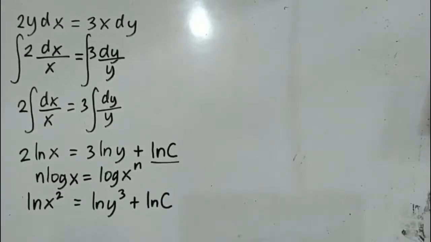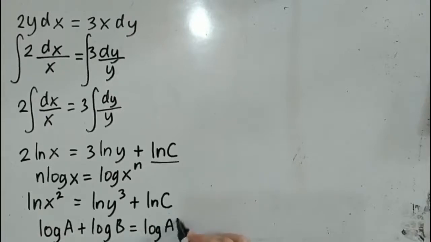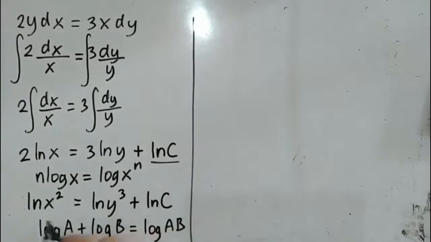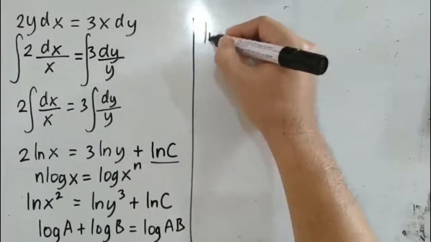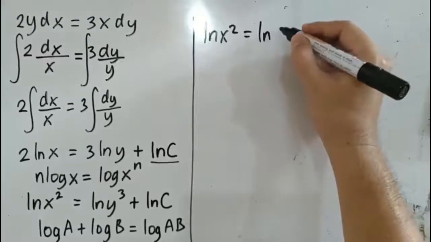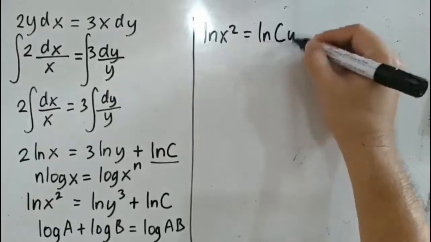And another rule in logarithms is that if you add two logarithms, log of a plus log of b, for example, this is equivalent to log of ab. So we can rewrite this expression on the right as ln of c times y cubed.